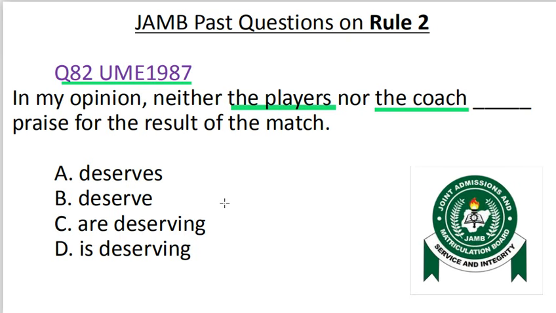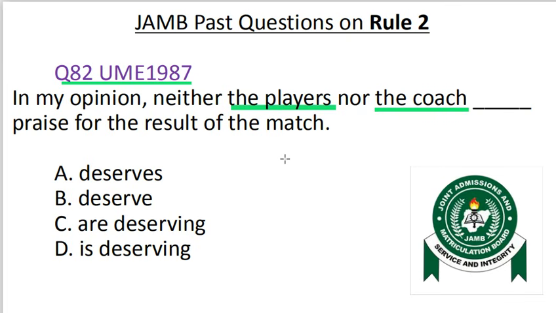Neither the players, a plural subject, nor the coach, singular, dash. That is the place where we are going to fix in our verb. So the coach, a singular noun, is closer. The singular subject is closer to the verb, so our verb is going to be in the singular form.